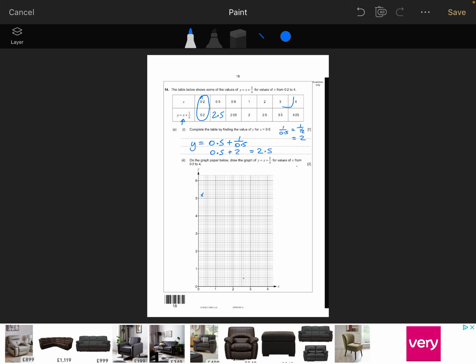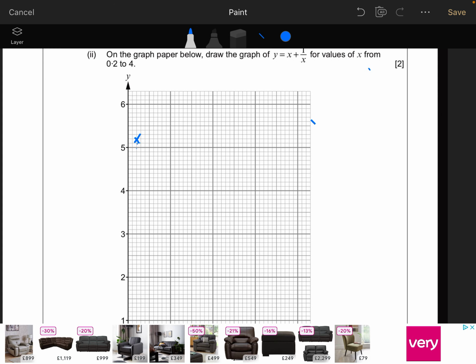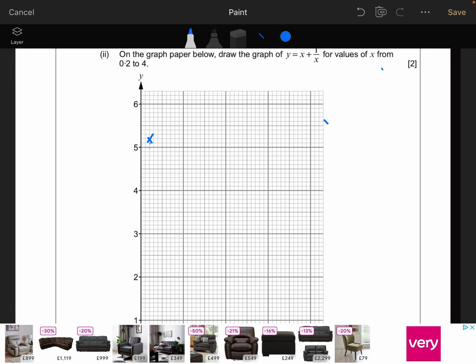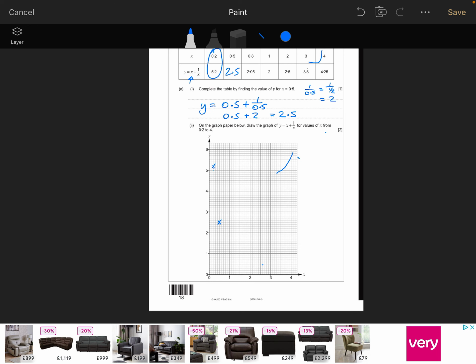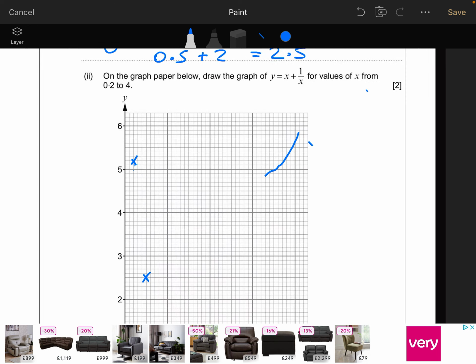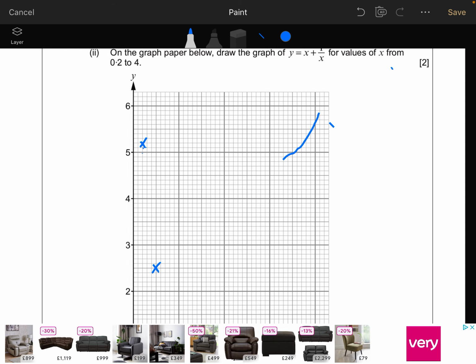Then 0.5, 2.5, that will be there. And then 0.8 and 2.05. 0.8 is this one here, and 2.1 would be here, so 2.05 is halfway along that square.